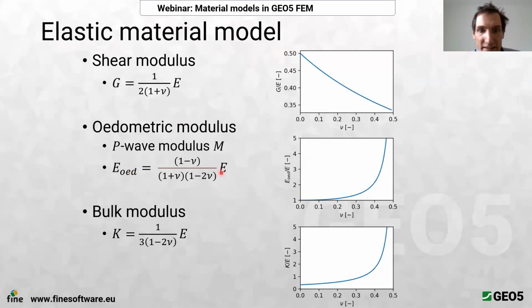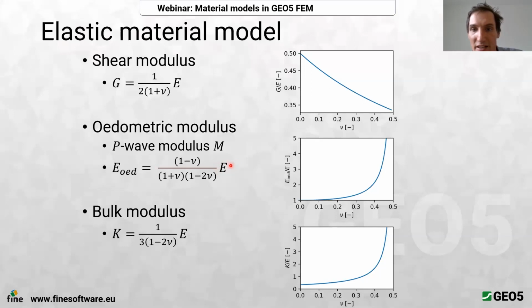So oedometric and Young's modulus are related by this formula, and the question always is, what should be the Young's modulus? Young's modulus can be the so-called deformation modulus, which is the modulus for the primary loading. This is what is at least in our region called sometimes a deformation modulus.